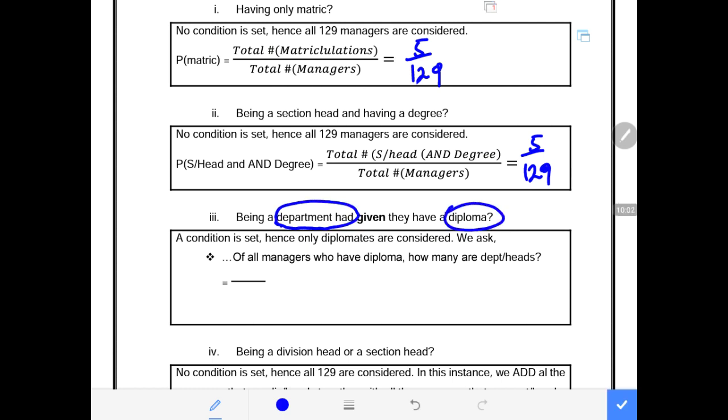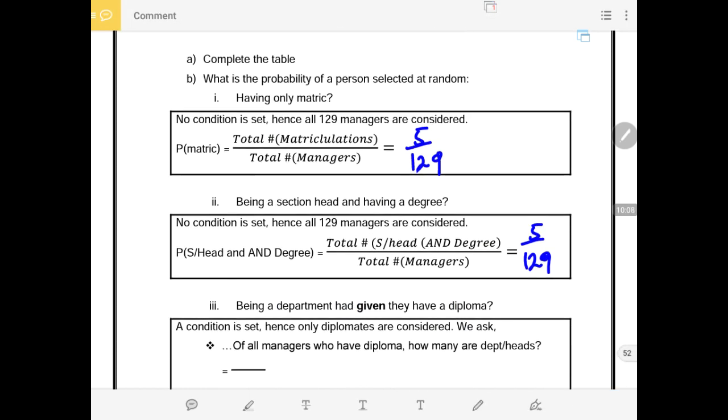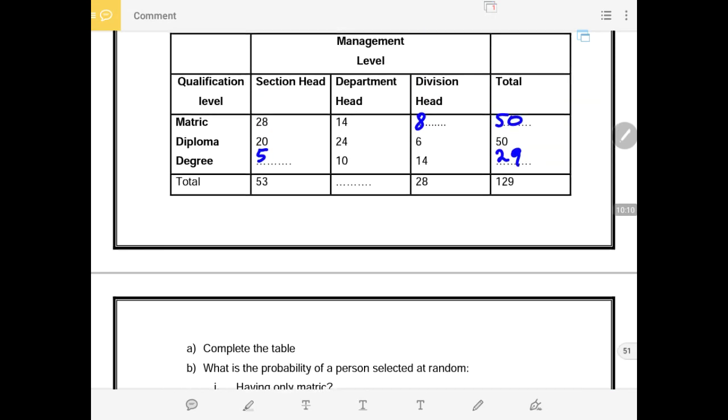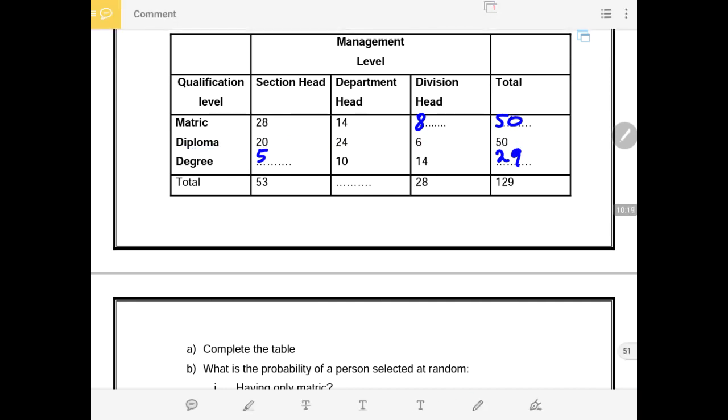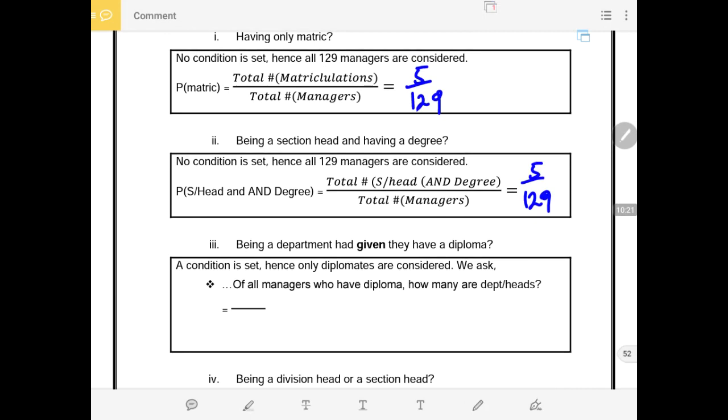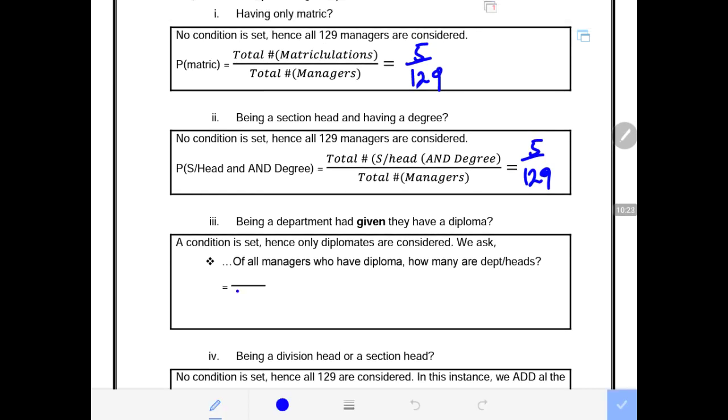So when they say given they have a diploma, that means we divide by the total number of those who have a diploma. As I said to you, immediately when they say given, you take the total of what is given, and the total of those that have a diploma is 50. So we already know that we divide by 50.